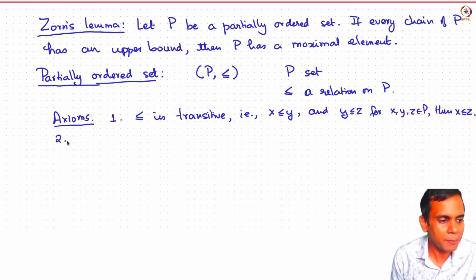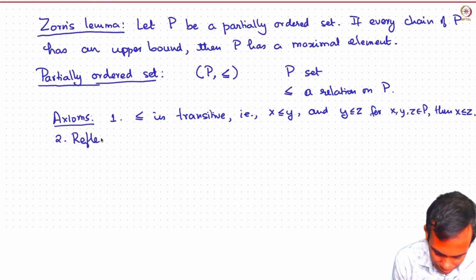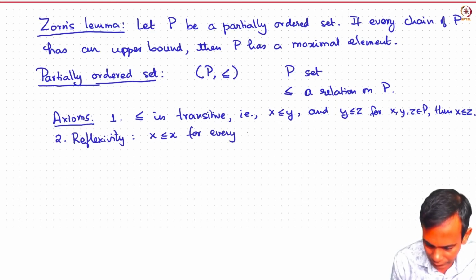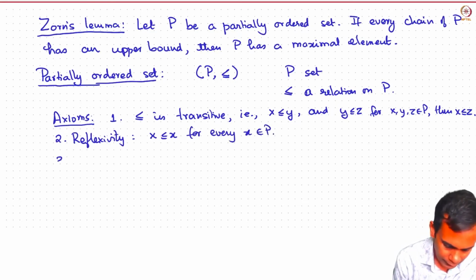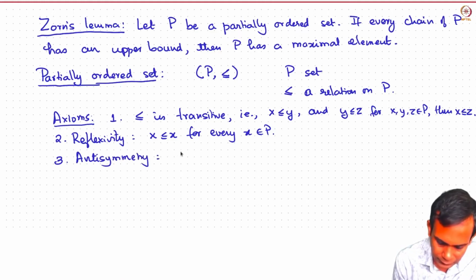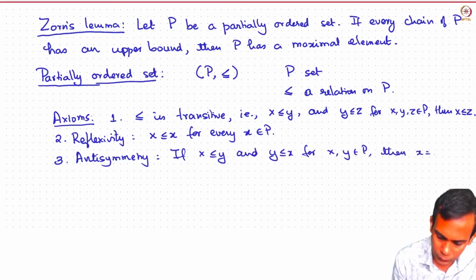And the second property is called reflexivity, and it says that x is less than or equal to x for every x in P. And the third property is called antisymmetry, which says that if x is less than or equal to y and y is less than or equal to x for any x, y in P, then x must be equal to y.